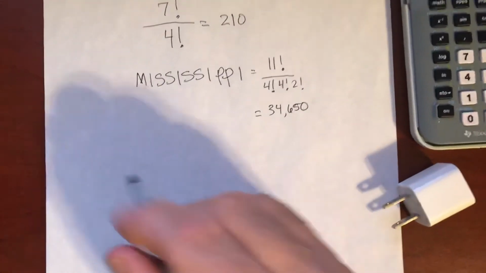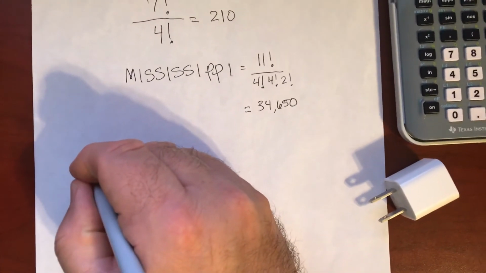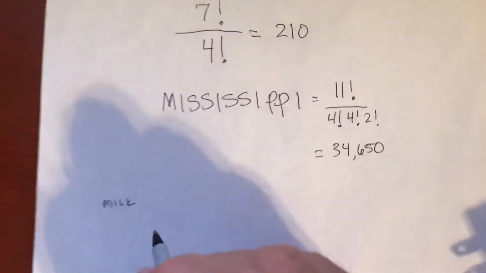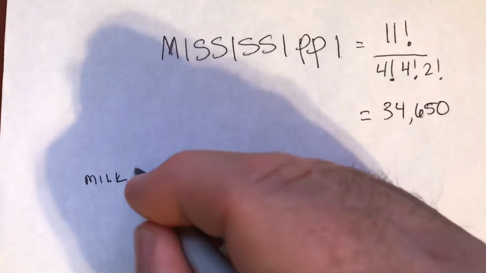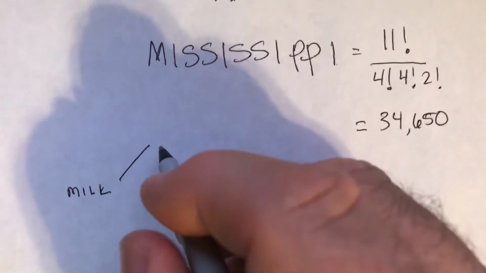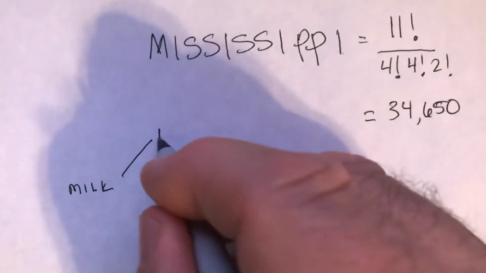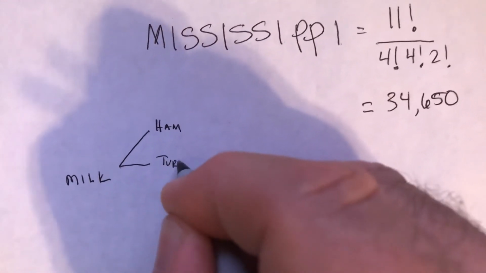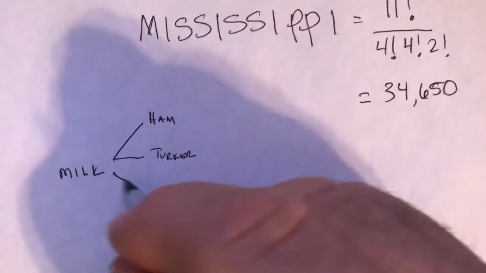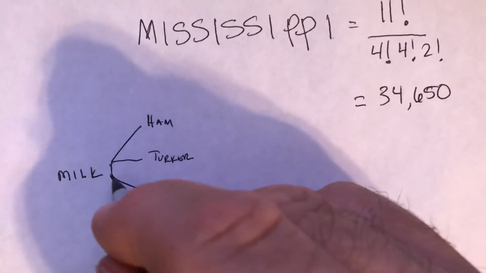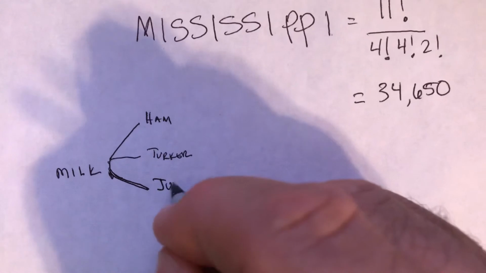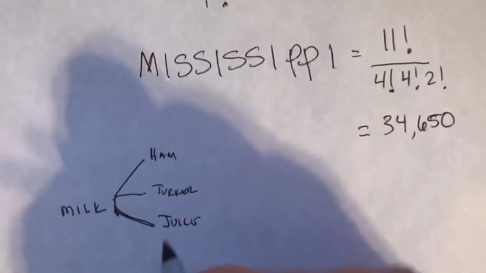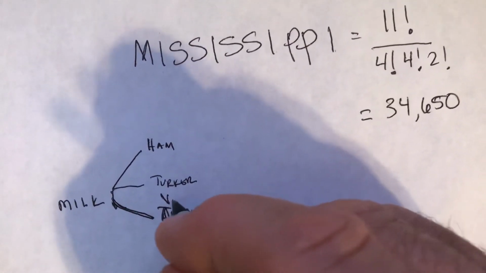So a tree diagram would look like this. It would be milk, and with milk you could have ham, turkey, or vegetable.